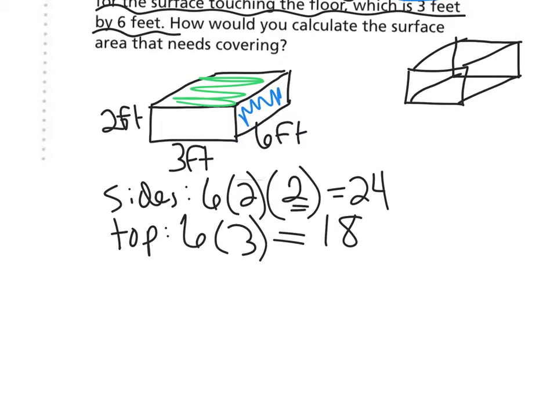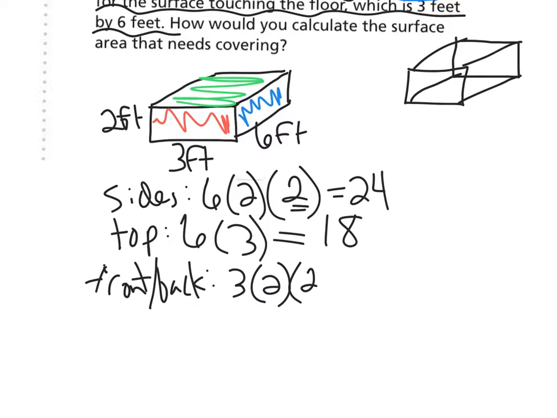Okay? And then we've got what? Front and back. Good. Okay, so front and back. We'll make red here. What's our dimensions there? 3 by 2. Good. 3 by 2. We'll double that.